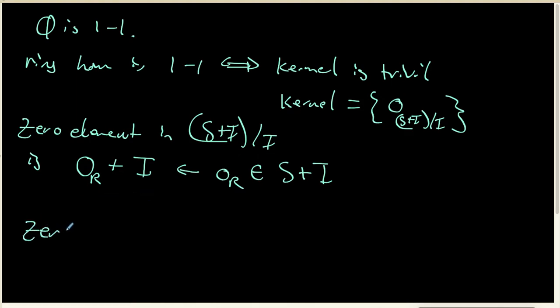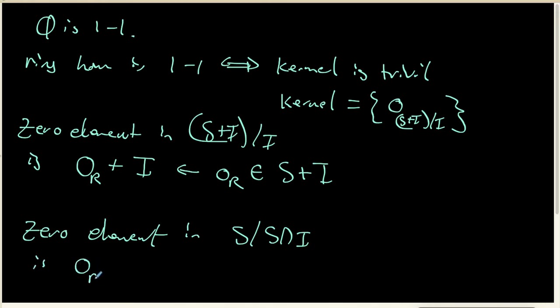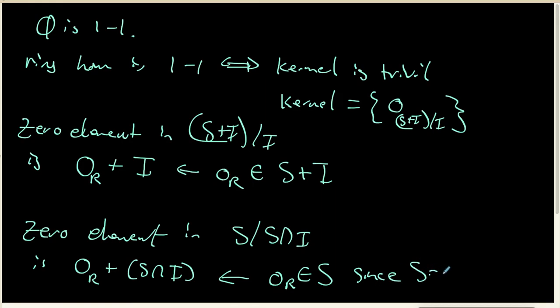The zero element in S mod S intersect I is going to be the zero element in R plus our ideal S intersect I. And this is also because the zero inside our big ring R has to belong to S, since S is a subring.